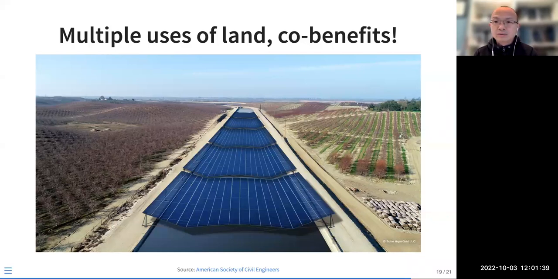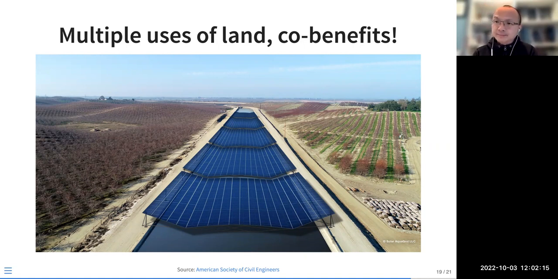So it has multiple benefits. Examples like that, and integrating solar PV with agricultural land. Sometimes this can create ecosystem benefits because it creates shade, and shade helps reduce evaporation. And when you do cleaning, the water can help the restoration of the ecosystem. So those are some of the co-benefits.